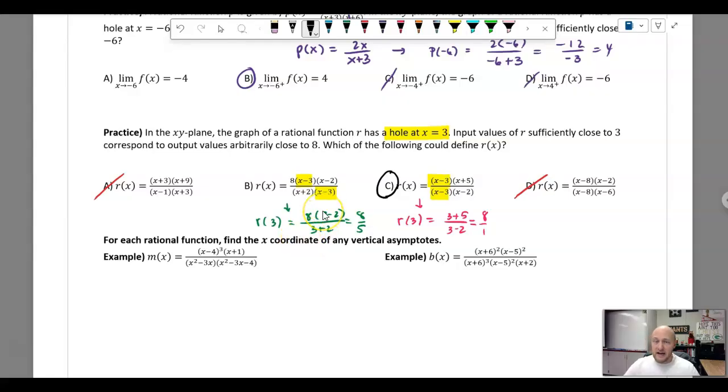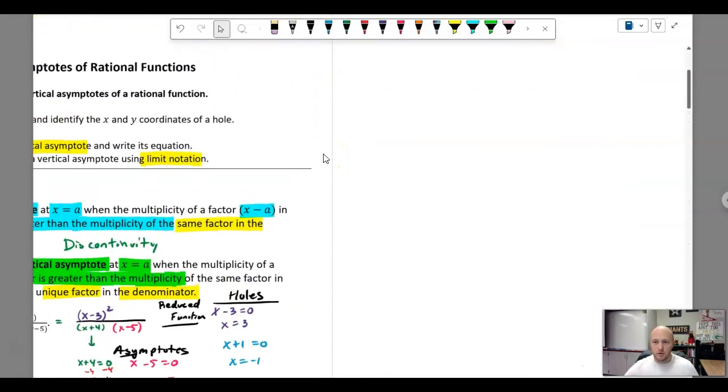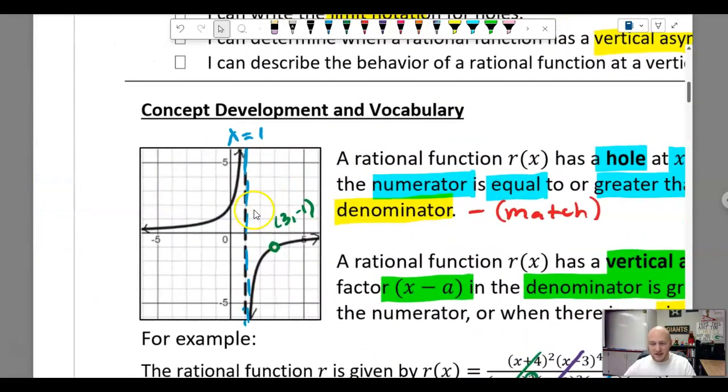All right, now let's go ahead and talk about vertical asymptotes. If I scroll back up here, vertical asymptotes look like this, and they come from discontinuities or values where a value of 0 is created only in the denominator.